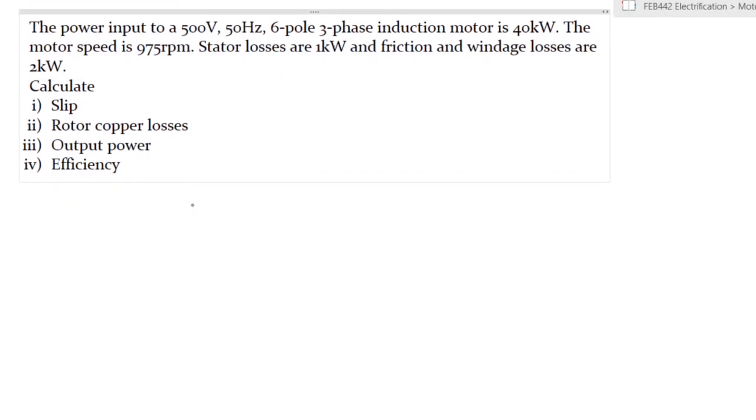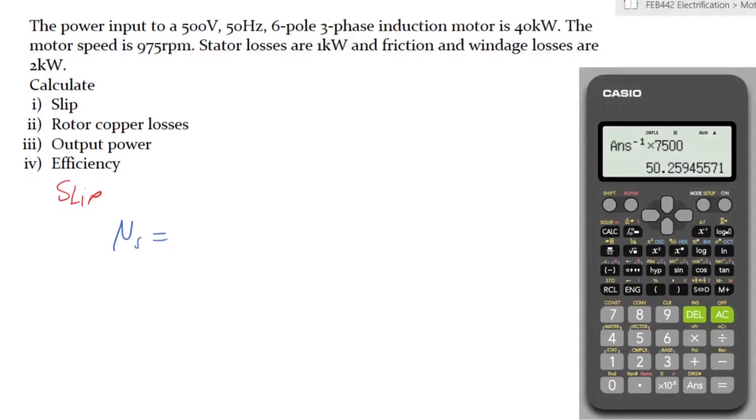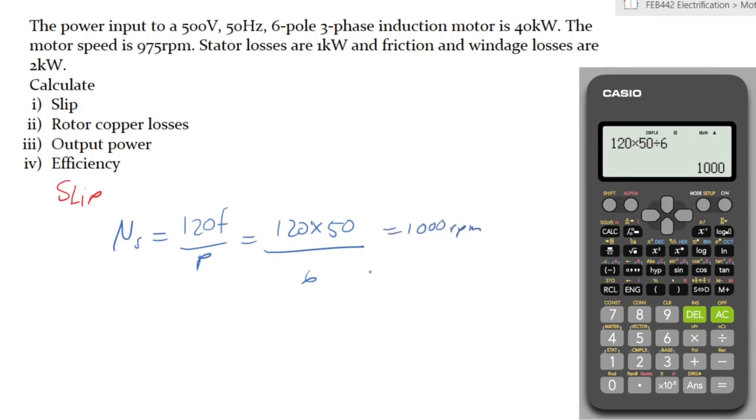So first of all, we are looking for slip. So that's always the first thing that we do. In terms of slip, first of all, we get synchronous speed, which is equal to, let's get our calculator. Synchronous speed is equal to 120 F over P, which is 120 times 50 over, this is a 6-pole. So divide by 6, 120 times 50, divide by 6. So it is 1000 RPM.